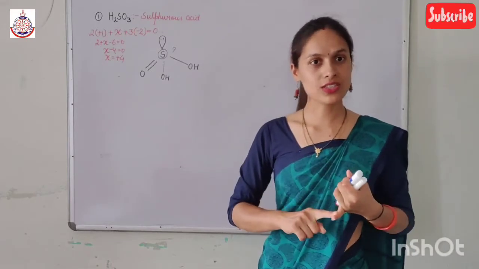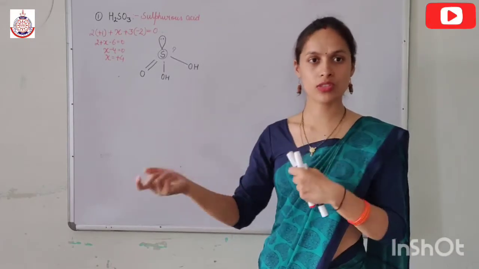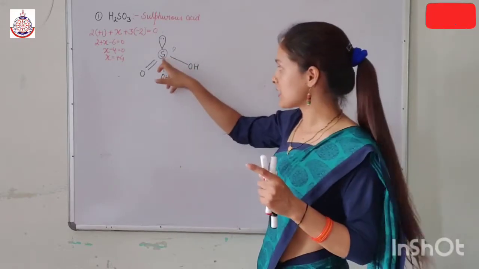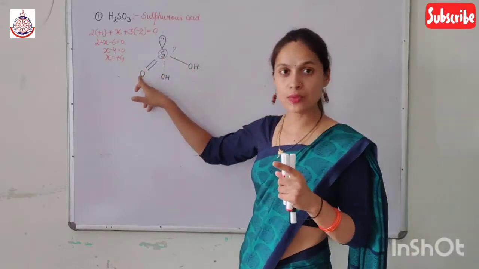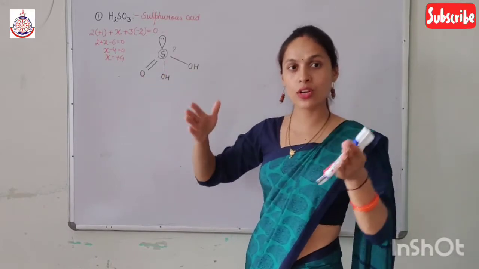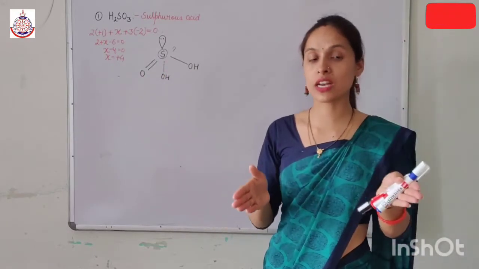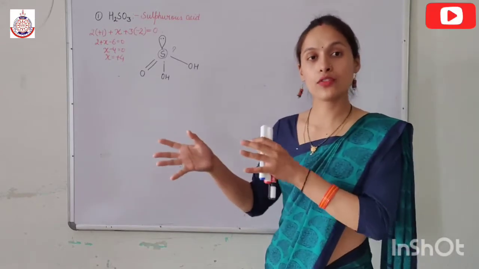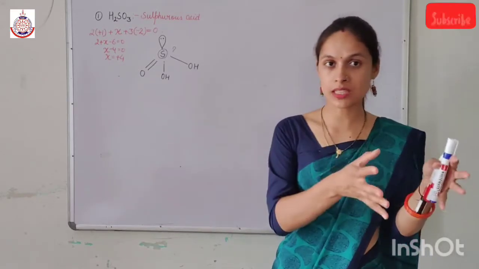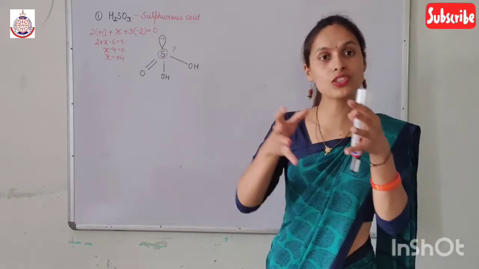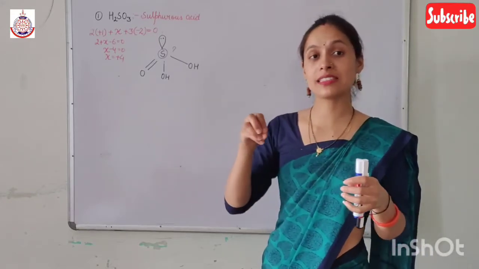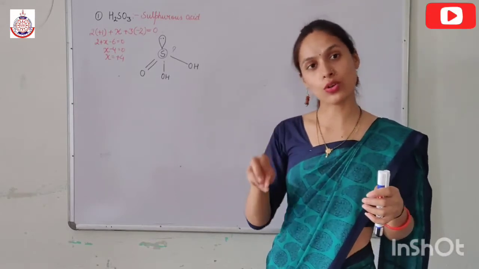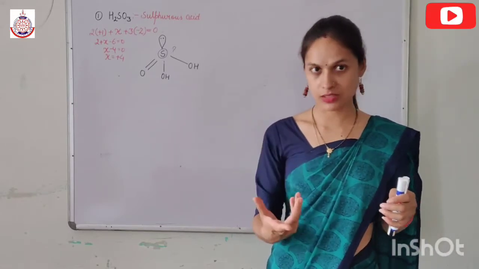We know that oxidation state has a charge, either positive, negative or zero. Because in this case sulfur is attached with oxygen, meaning the electrons are shared by the sulfur and the oxygen is more electronegative than the sulfur, electrons move towards the oxygen, and around the sulfur there is lesser electron charge density, so its oxidation state becomes positive.